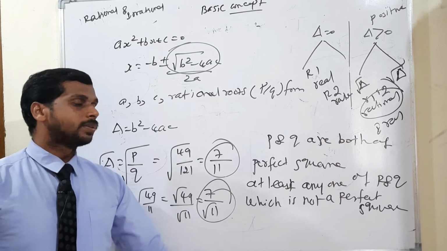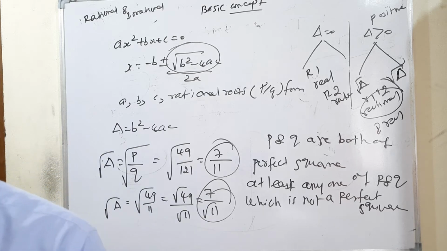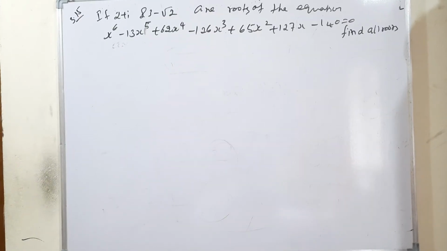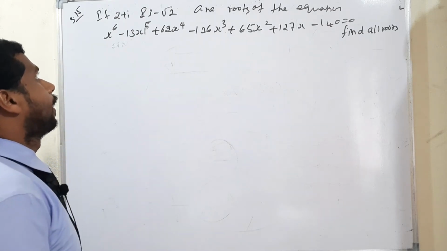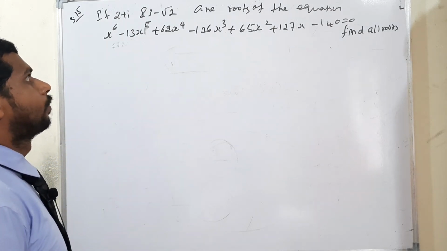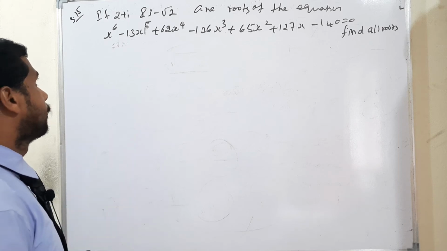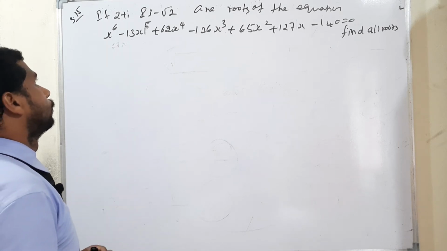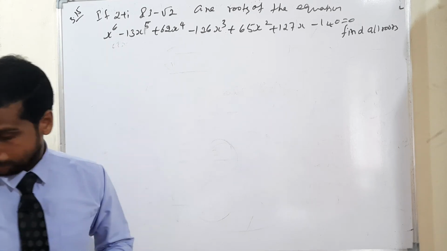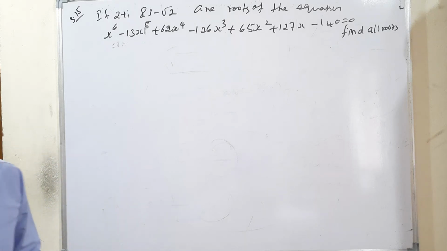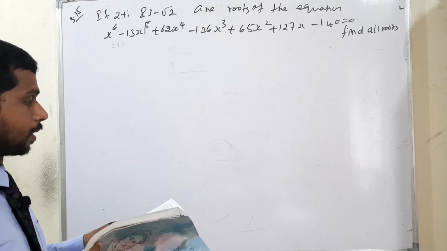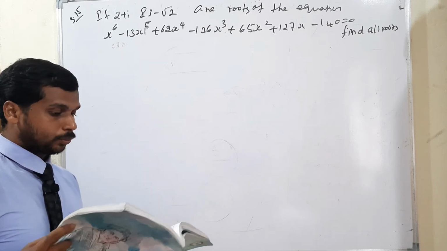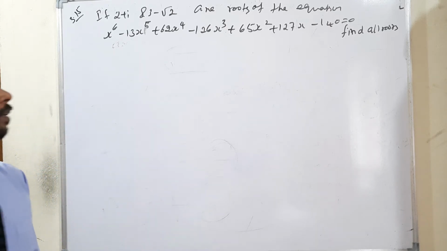Okay, I will continue with some questions. Example 3.15: if 2 + i and 3 − √2 are roots of the equation x⁶ − 13x⁵ + 62x⁴ − 126x³ + 65x² + 127x − 140 = 0, find all roots.